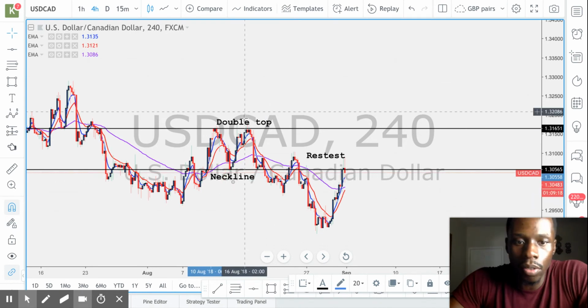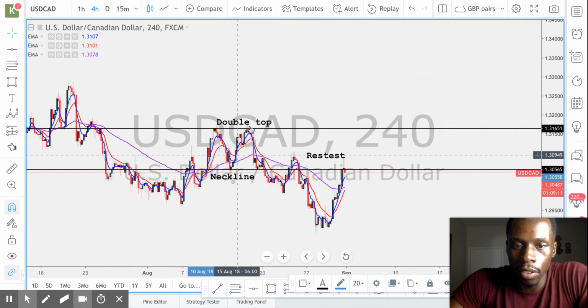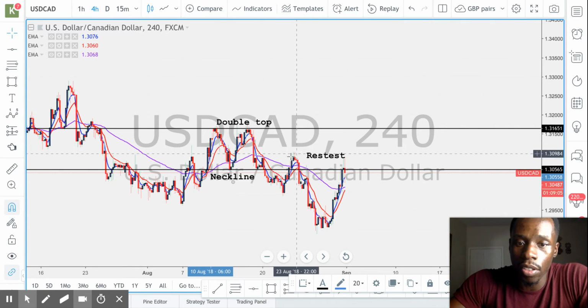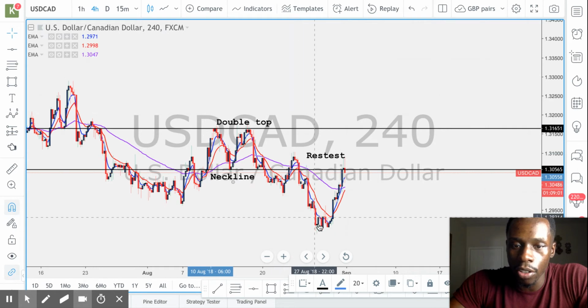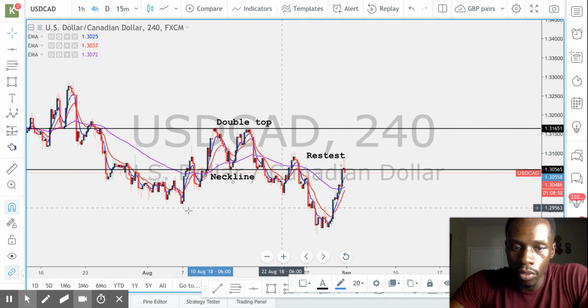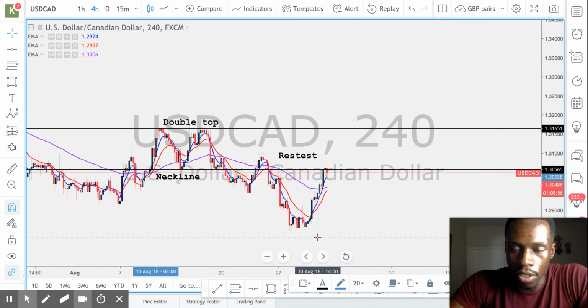So you got the double top, confirmation, check, came down, check, that's the neckline, retrace back up, so it got rejected, and now it's coming back down because you always want to sell. So this is the lower high, so this is where you're selling it, and then you're riding the whole momentum down, as you guys could see.